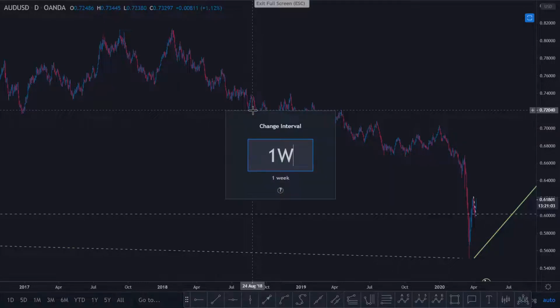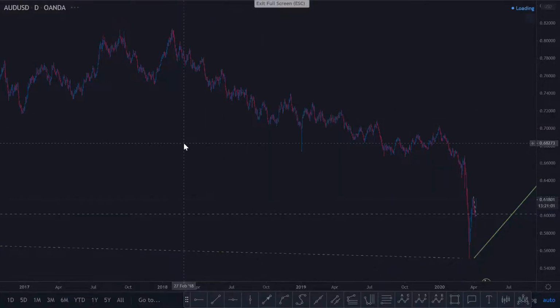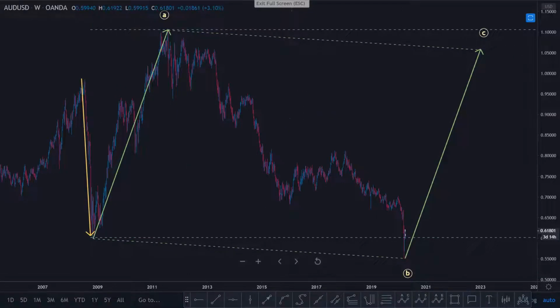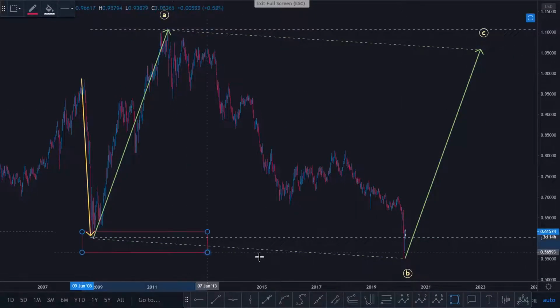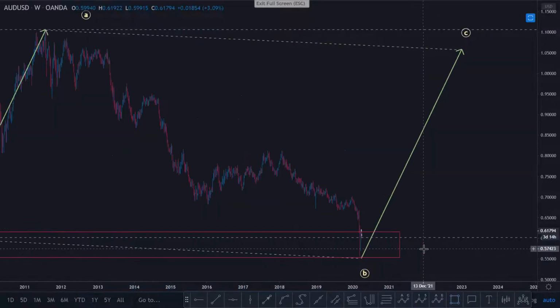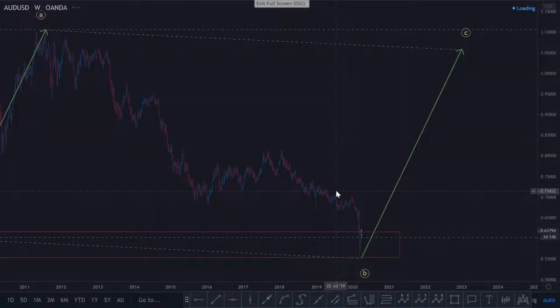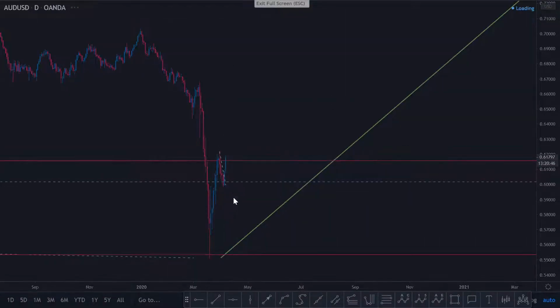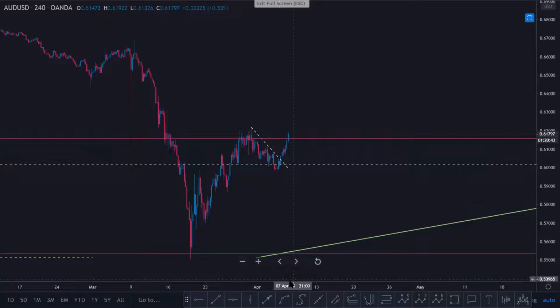If you look at the Aussie dollar, looks like we've reached a very key turning point here at the bottom. We're looking for a turning point in this area. And if you go into lower time frames, you'll see we've had a strong rally off the bottom and some corrective price action.